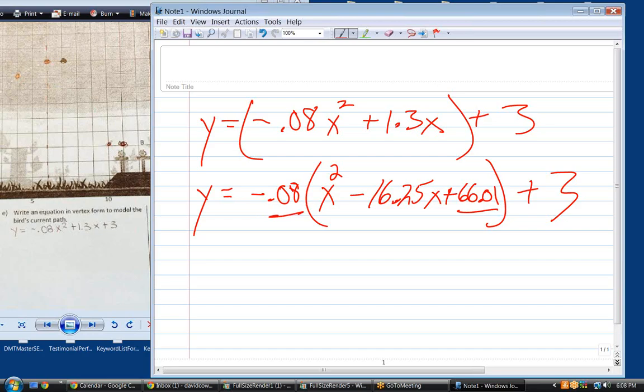Hold on. 0.08 times 66.01. Negative 5.28. So what I really did when I wrote that number in there is I subtracted 5.28 from the right side of the equation. So to balance that, I have to add 5.28 to the right side of the equation.